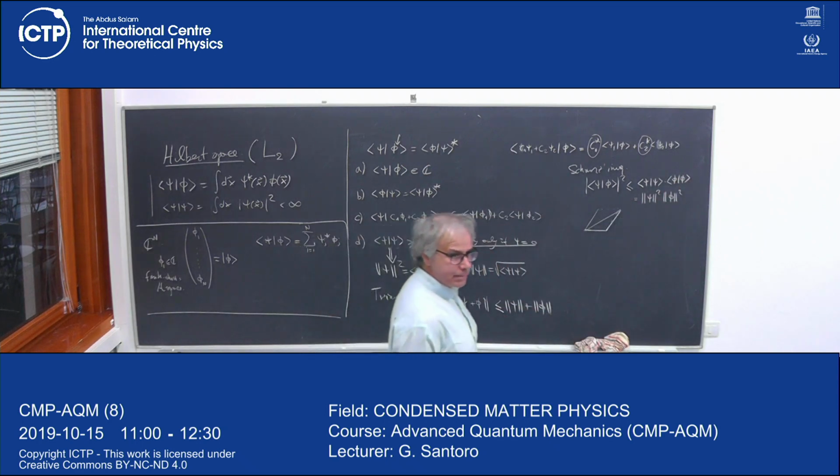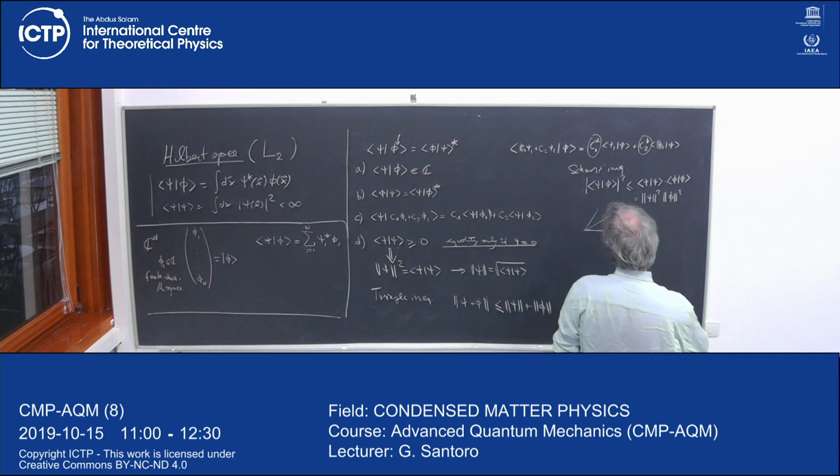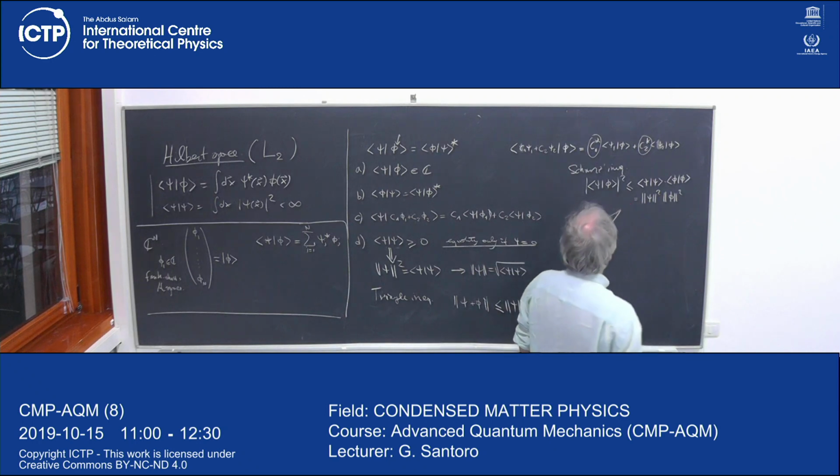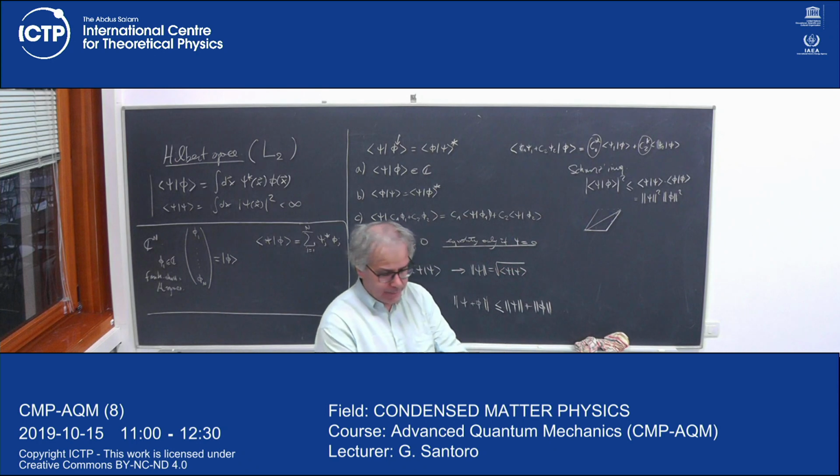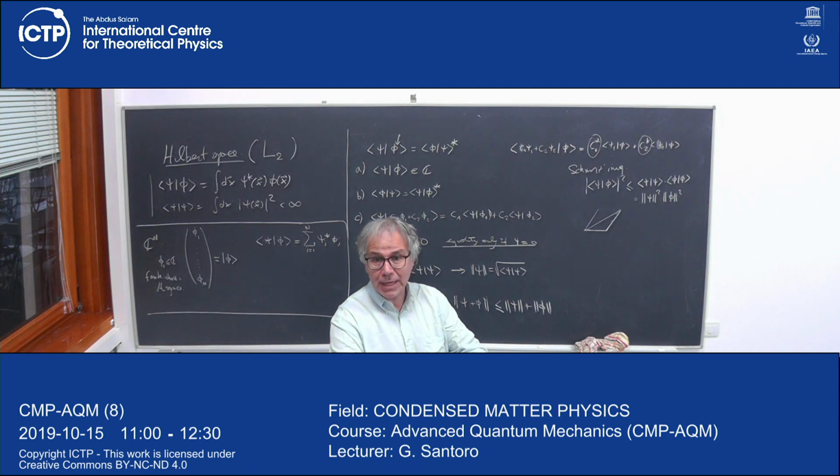Now, what is this? Well, you know that you can obtain the scalar product of two vectors, on the plane, for instance, by multiplying the length of one times the length of the other times the cosine of the angle in between. So obviously, the cosine being between -1 and 1, if you take the square, the scalar product squared is less than the product of the lengths of the two vectors.